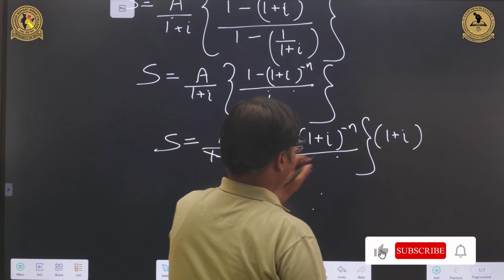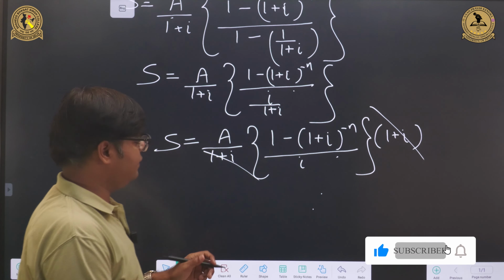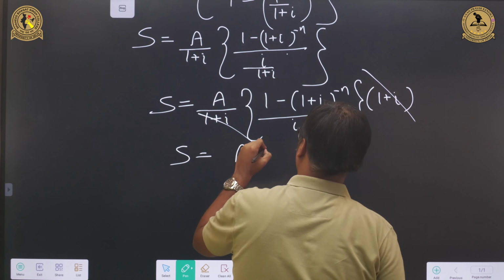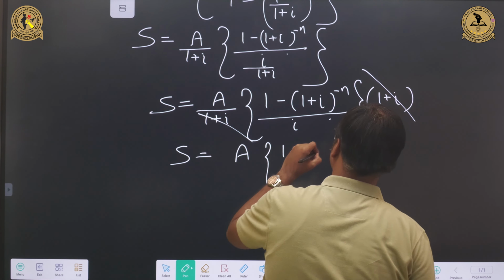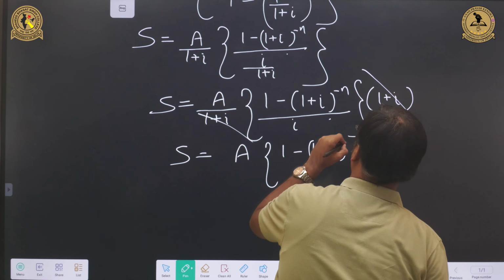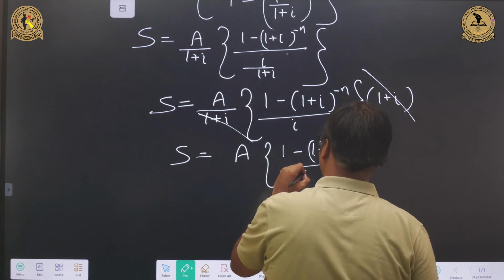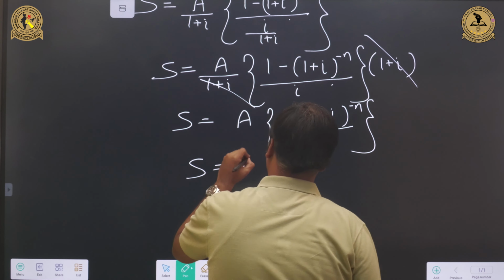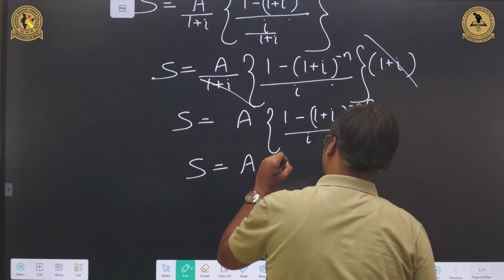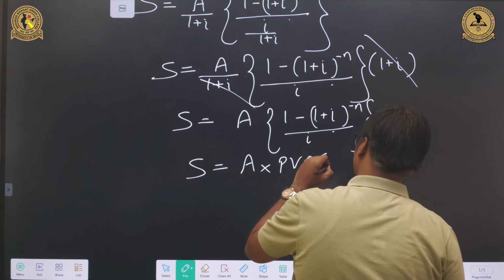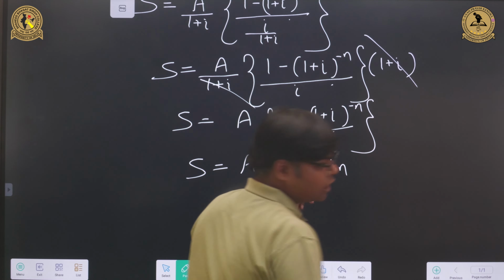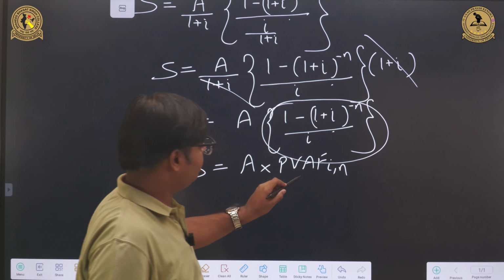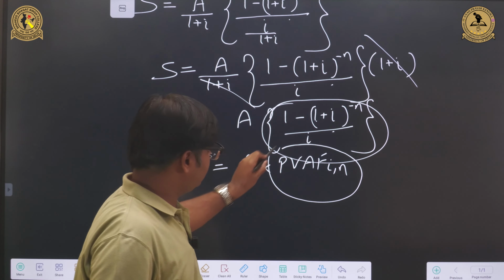Now here the 1 plus i and 1 plus i get cancelled, which again gives you A times 1 minus (1 plus i) raised to power minus n divided by i, or I can also say annuity multiplied by PVAF(i, n).